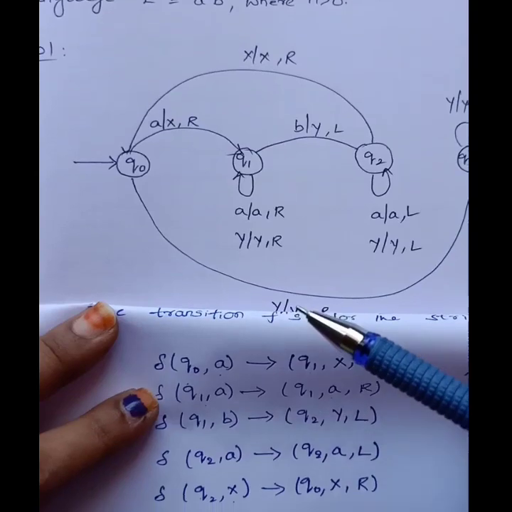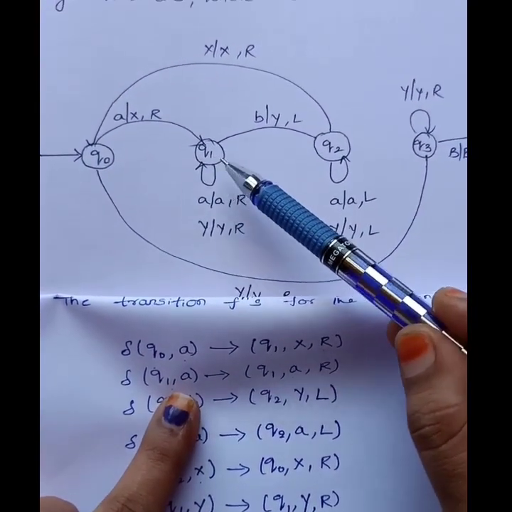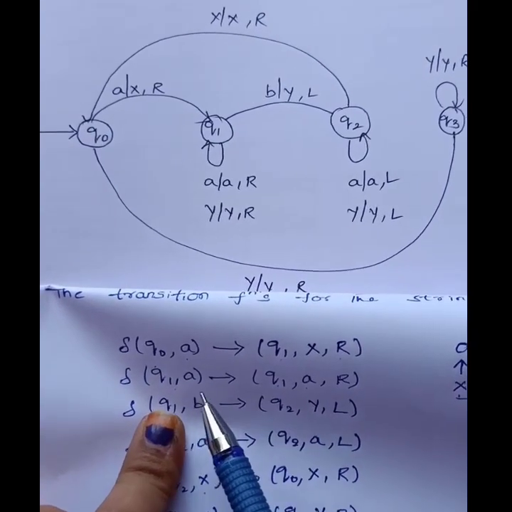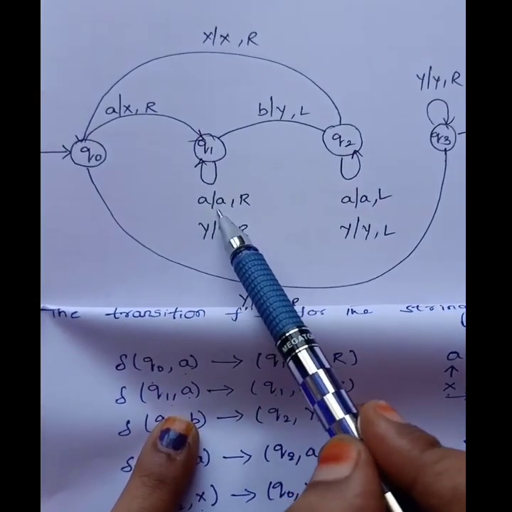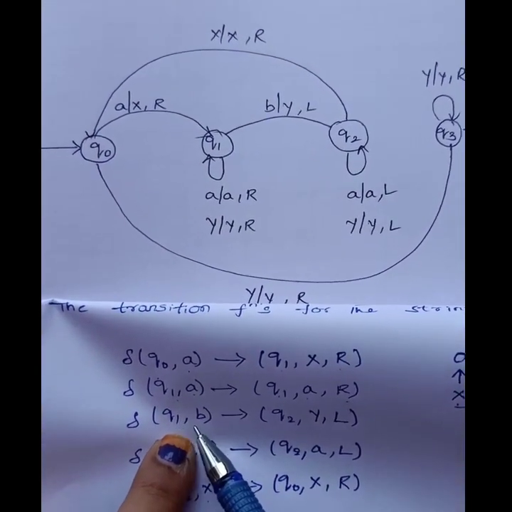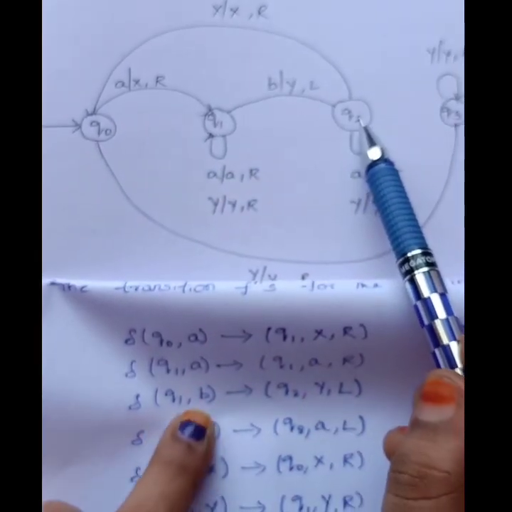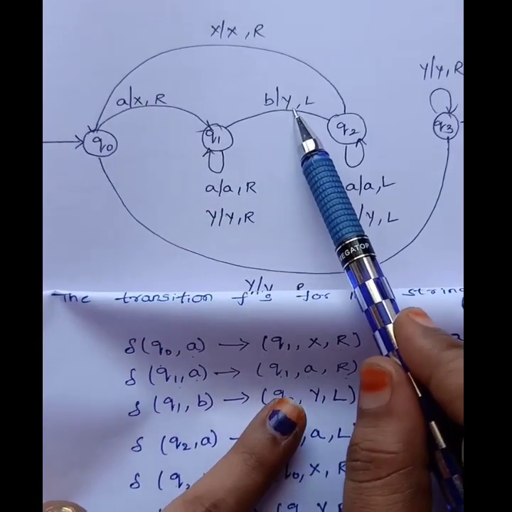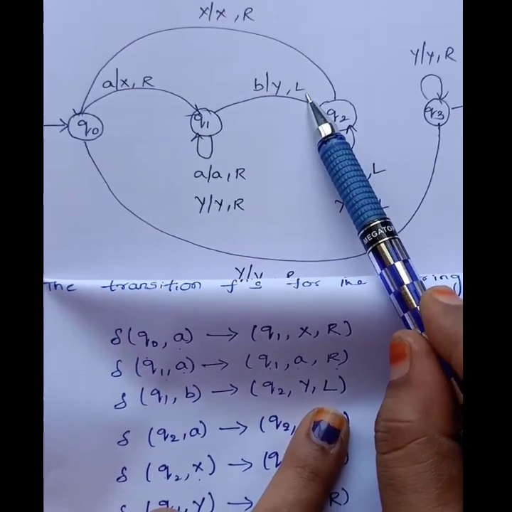Similarly, from Q1 to Q1 with input A, the label is A/A, R. For this transition, Q1 comma B goes to Q2: Q1 to Q2 with input B, B is rewritten as Y and the head moves left.